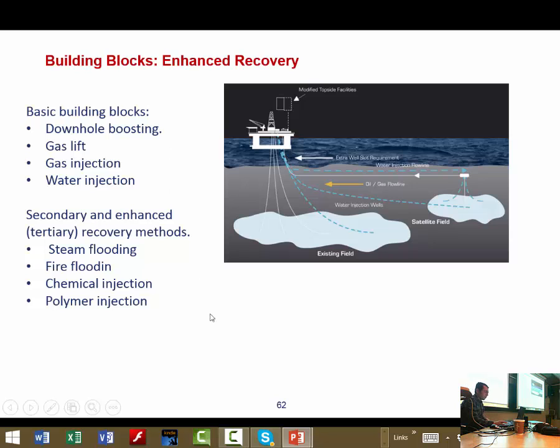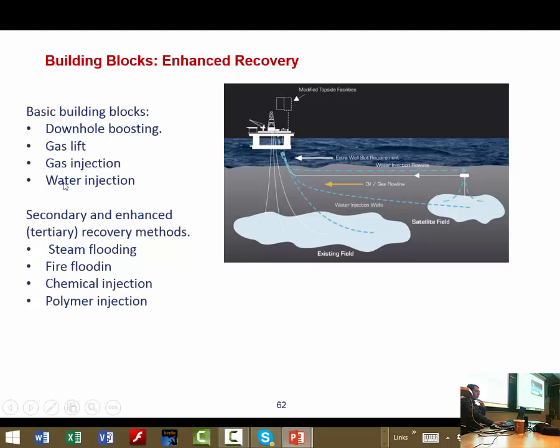And also, for some reservoirs, or better to say, for all reservoirs, you need some recovery method, because for this recovery, you may need some extra equipment on board. Therefore, you have to specify the required recovery or enhanced recovery methods. For example, basic building blocks are downhole boosting, gas lift, or gas injection, water injection.